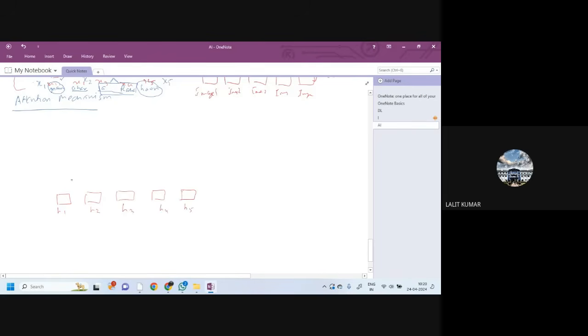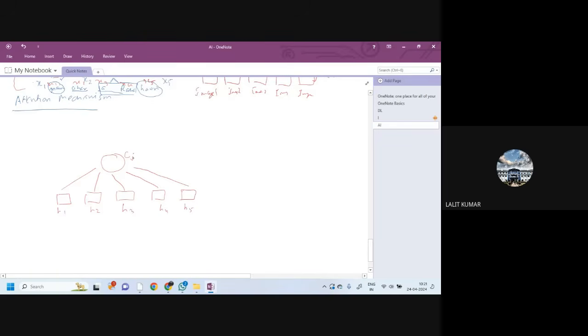I'm not drawing the full thing. At every step, I have to take the weighted sum of these. Let's call this Cj, for example. For the first step, Cj will be different; for the second step, Cj will be different; for the third step, Cj will be different.